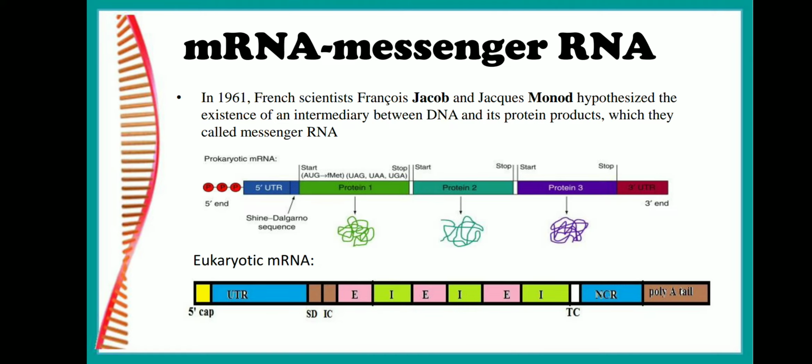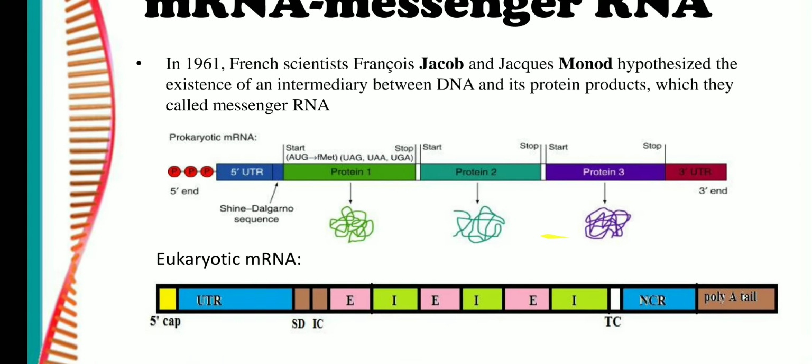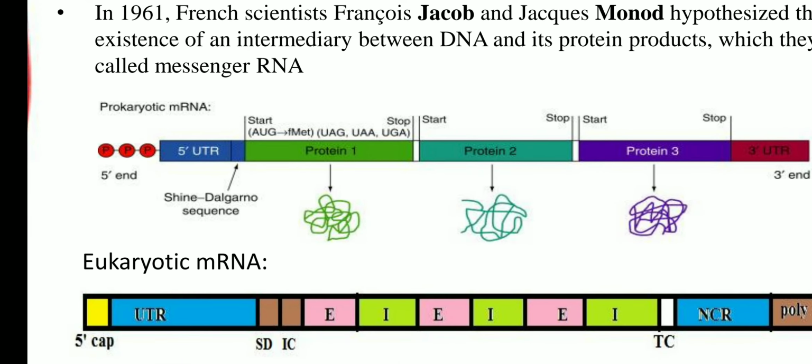Now moving on to a prokaryotic mRNA. The prokaryotic mRNA at its 5' end has 3 phosphate groups. The 3 phosphate groups are present because the mRNA, during its synthesis, does not require any primer. So the nucleotide which is added first will have all 3 phosphates attached to it.